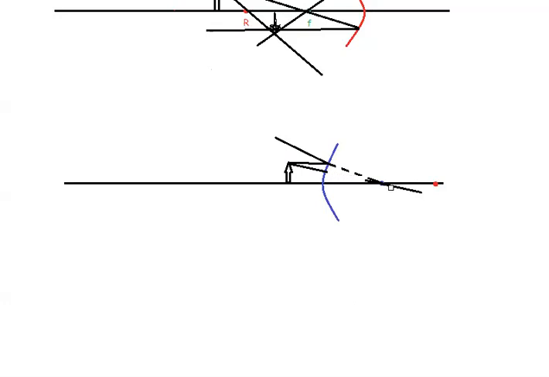So it's as though it came from the focal point, but then when it hits the mirror there, I have to reflect it back horizontally. I'm going to draw them on the other side because we might need that. Never know. I'm going to dot it when it's on the other side because those are my extrapolated beams.